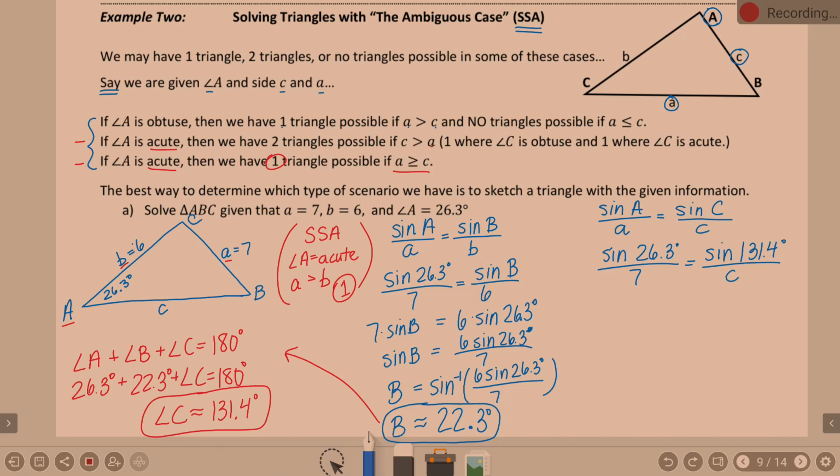Okay? So I know I'm going to do cross products, and I don't even always show all my pieces. Cross product: C times sine of 26.3 degrees is equal to 7 times sine of 131.4 degrees. Realize this is just back to basics, isn't it? No fancy inverse here, so 7 sine 131.4 degrees divided by sine of 26.3 degrees.